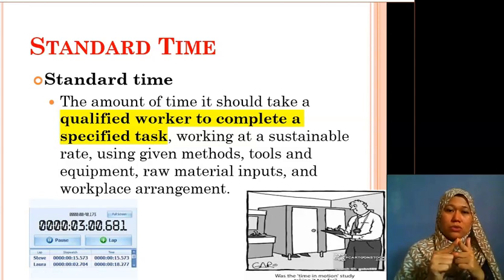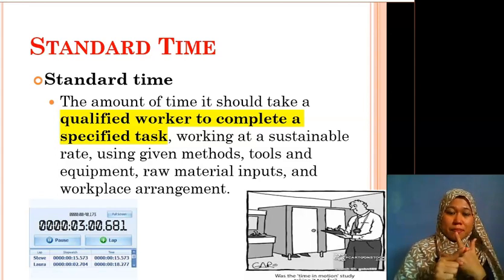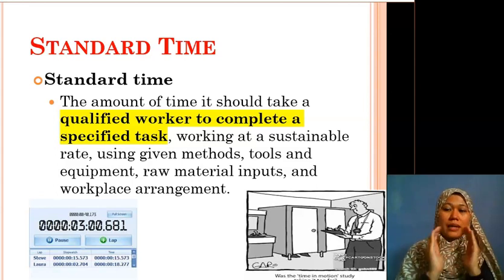So you use the proper screwdriver, the proper hammer, for example, with the correct method and tools, so then you can get the proper standard time.